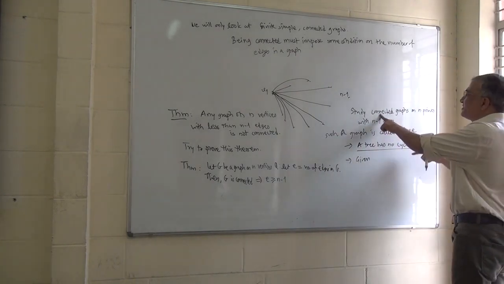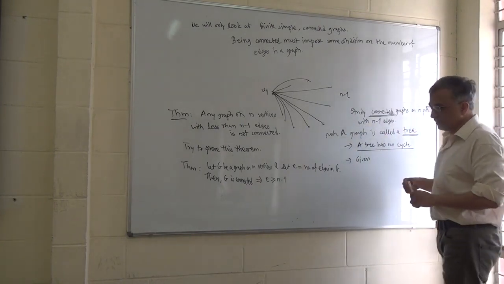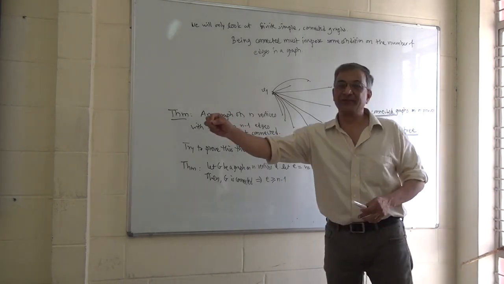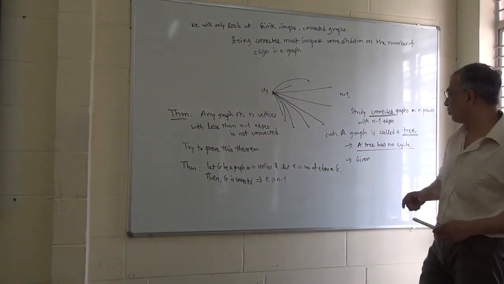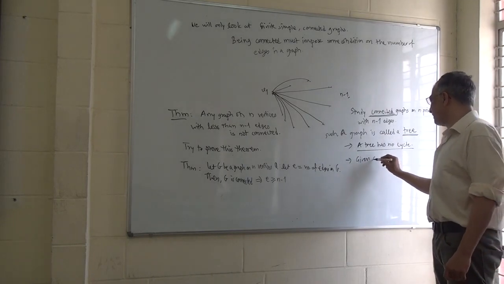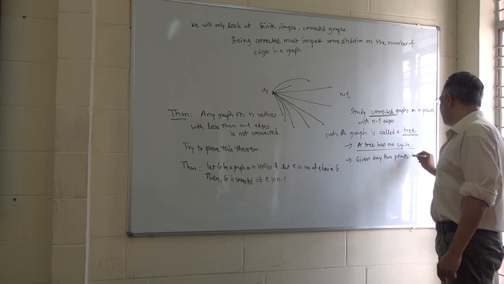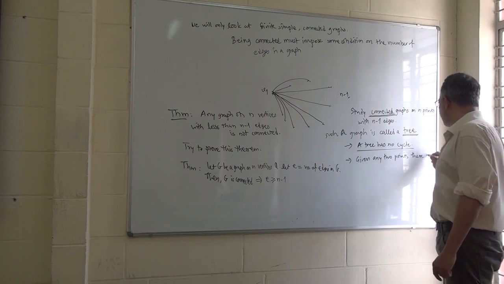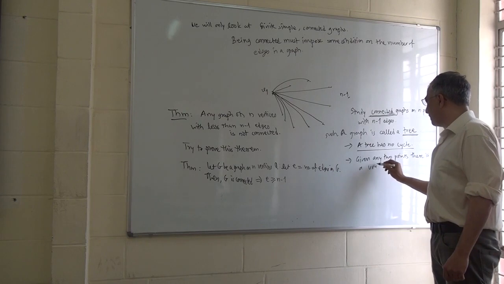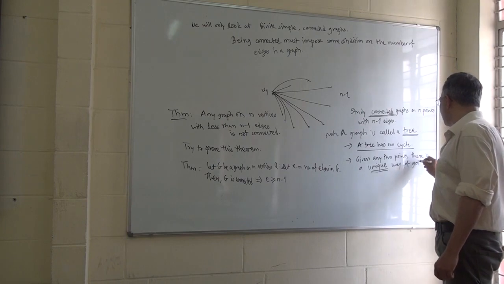Connected means between any 2 points we can walk from one place to another place over the edges. But here in a tree there is something more. Given any 2 points, there is a unique path, a unique way of going from one point to another.